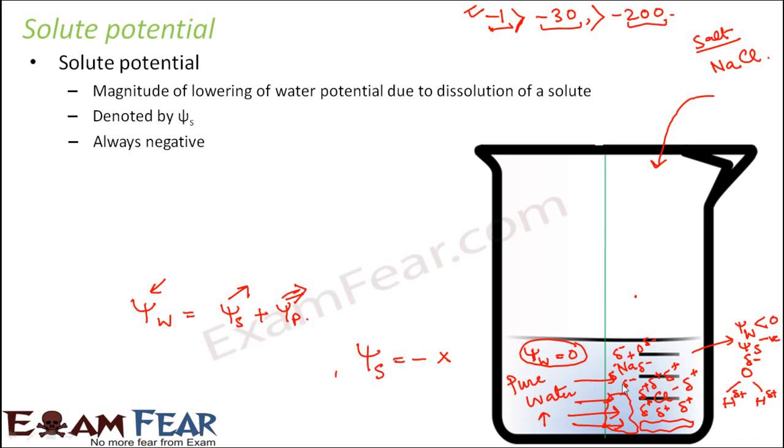As the concentration of the solute increases, the movement occurred from region 1 to region 2. That means the movement takes place from high water potential to low water potential, or from high water concentration to low water concentration, or from low solute concentration to high solute concentration. Because wherever the concentration of solute is more, the concentration of water will be less.